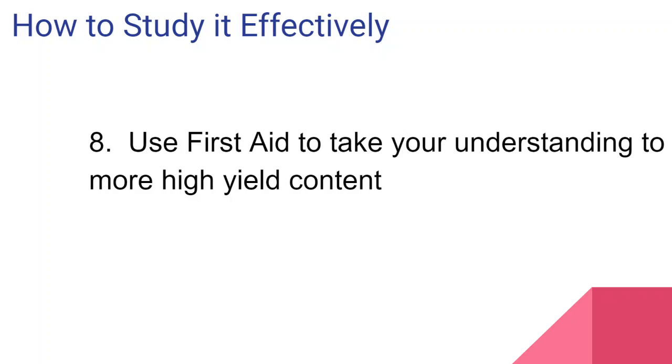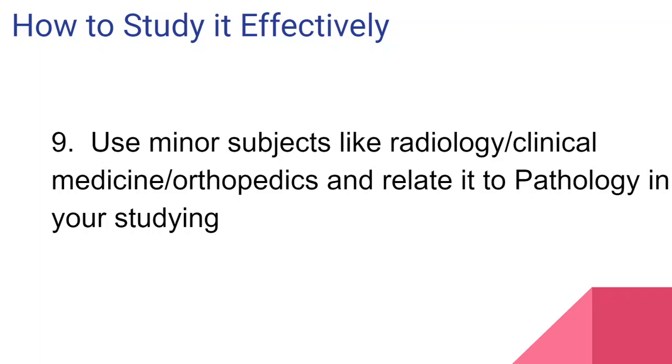Now, for minor subjects, like radiology and clinical medicine, you always want to be able to relate them back to pathology. You might have a couple of lectures on radiology, or reading a chest x-ray and everything. For that, things like Kerley B lines are not very relevant to our year, but it's good to know and relate these subjects back to pathological conditions.